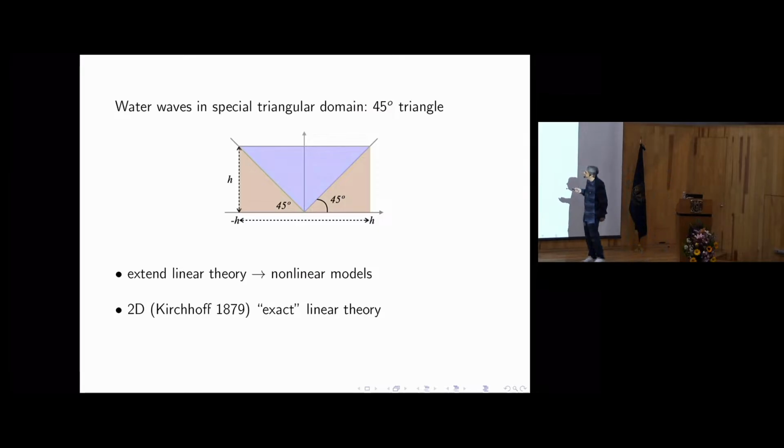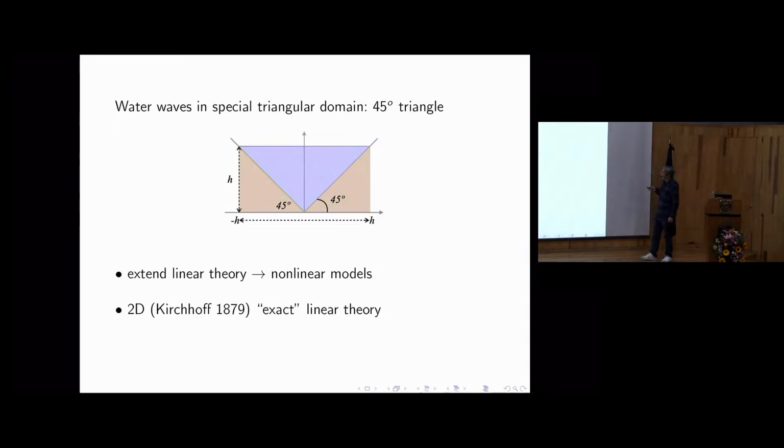Also, I'm assuming that the motion is occurring in a larger domain, which here is a quarter plane. That is a very special case of what I want to do.